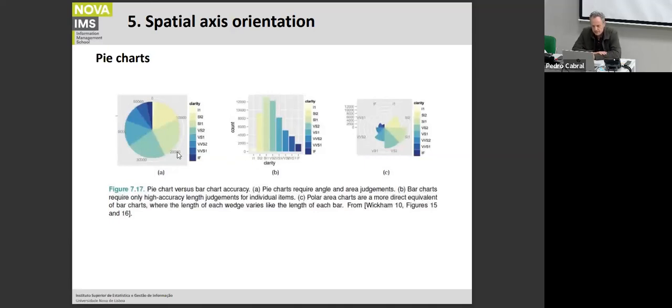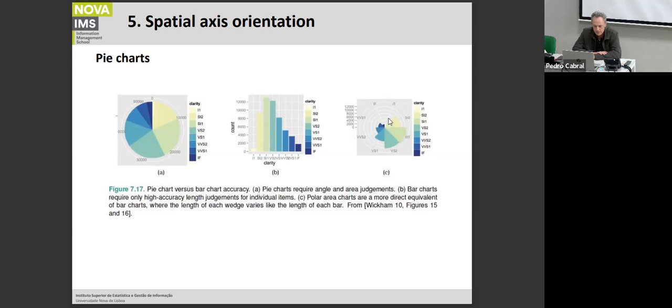Pie charts, which use angles, bar charts, which use lines, or we have here a polar area chart, okay, in which we use a radial orientation as well as in the pie chart, okay? But pie charts are already difficult because we are not good at comparing the sizes of very similar slices, right?